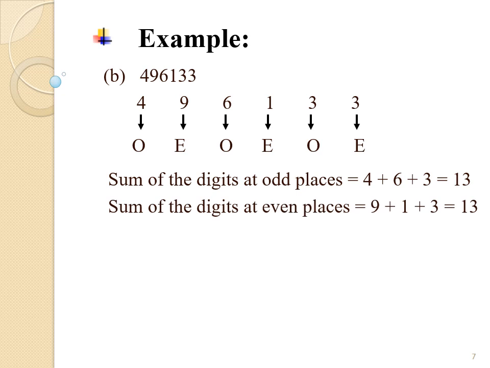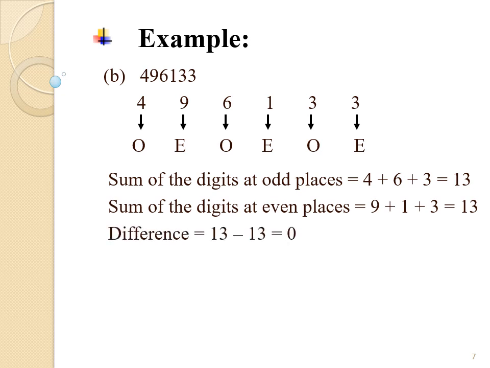Now, finally, finding the difference between the sum of the digits at odd places and the sum of the digits at even places, that is, subtracting 13 from 13, we get 0.